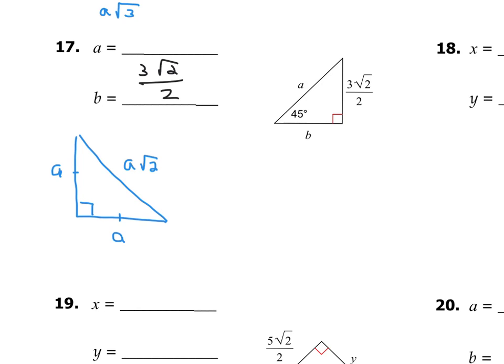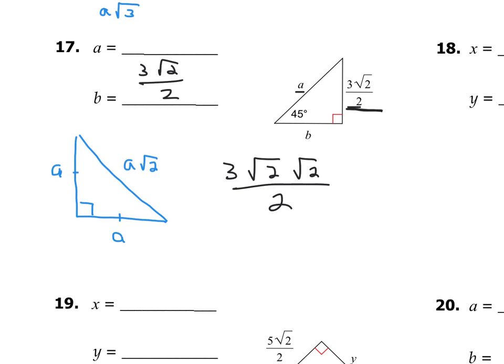Now A, the hypotenuse, is just a times the square root of 2. In this case, we have a variable A, and it represents the hypotenuse, so we're going to take the value of the leg and multiply it by the square root of 2. So when we do that, we have 3 square root of 2 times the square root of 2, all divided by 2.